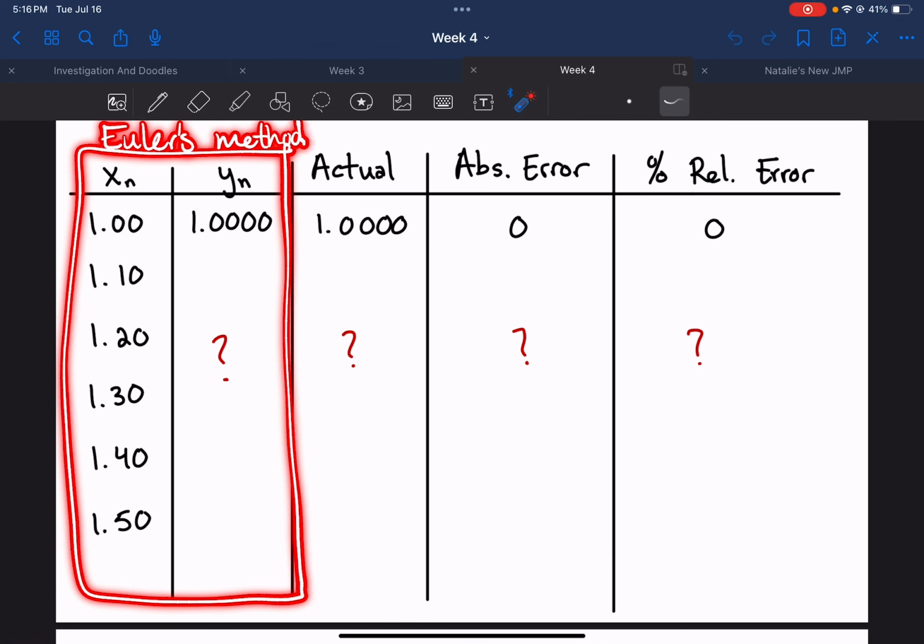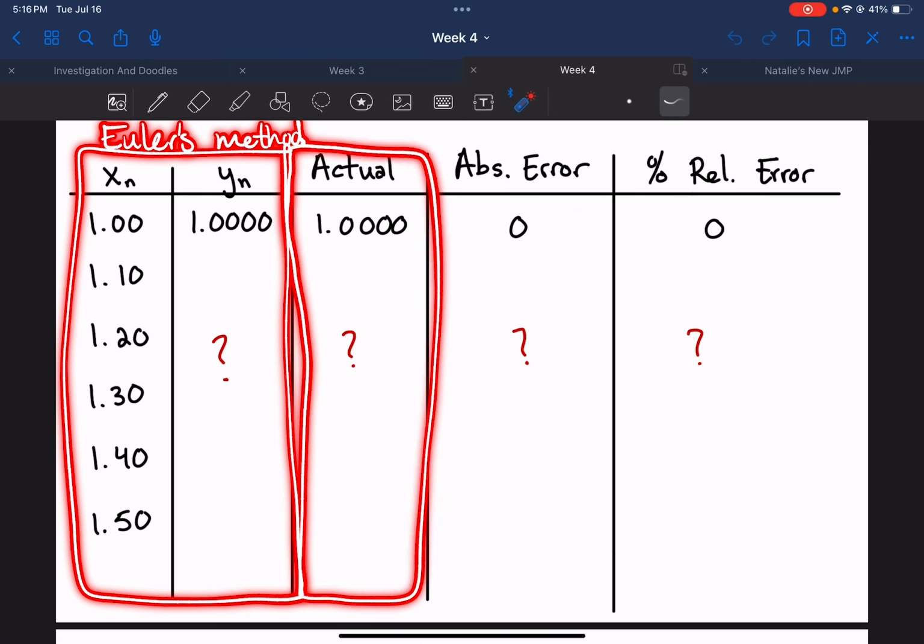After I've calculated those two columns, I can solve it. It's a separable equation, so I can solve it exactly and find the real values of y at all these points x. Because it's separable, I can find all of the true values of y.